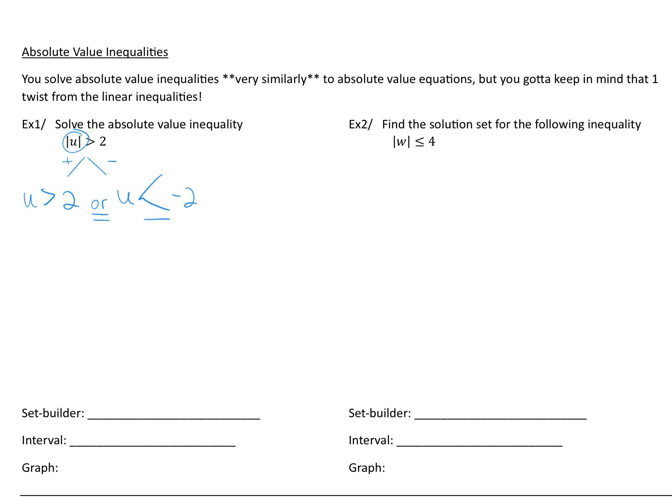And we really don't have anything to solve for here because u is already solved for, but we can put this into set builder notation since the variable is u. We will say that u is the solution for that inequality up here, as long as u is greater than 2 or u is less than 2.